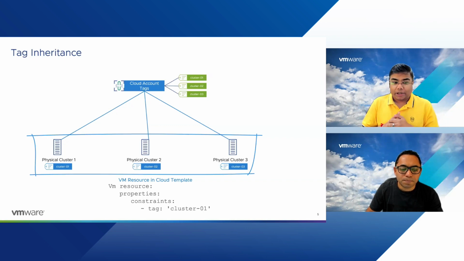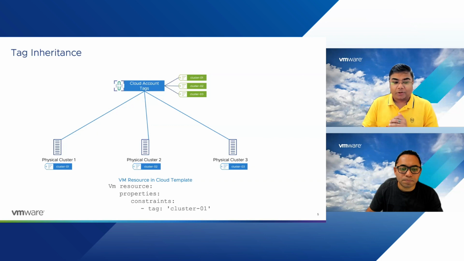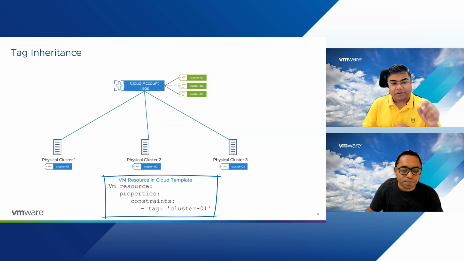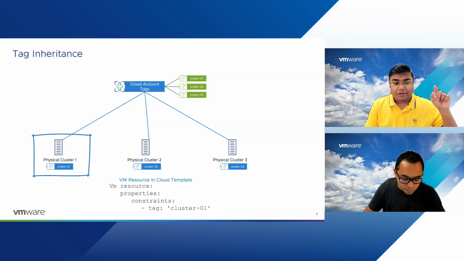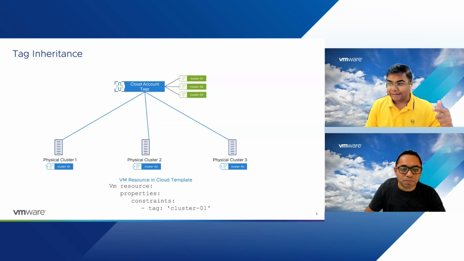Now you want to deploy a VM, and then in the cloud template, you mention that tag is cluster 01. So where this particular VM should land, we think that this should land to physical cluster 1, because the VM is tagged as cluster 01, and then the physical cluster is tagged as cluster 01, right? It is a perfect match. The problem is the tag inheritance.